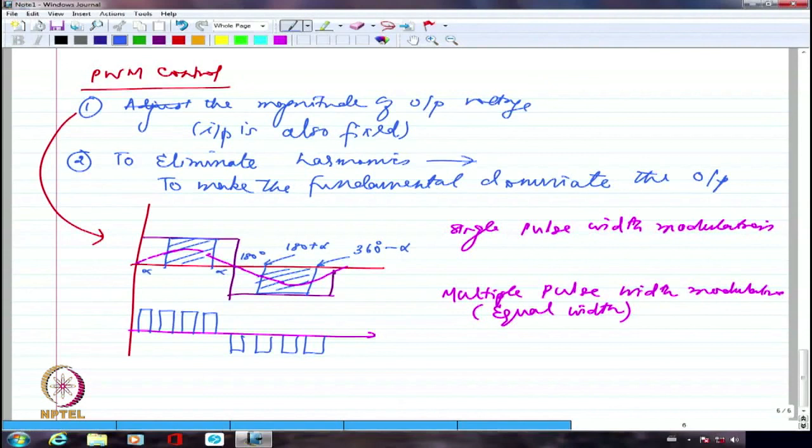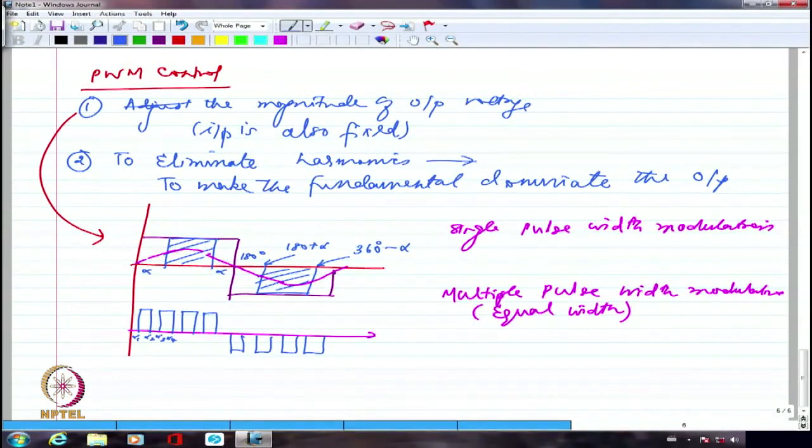I may turn it on and turn it off several times. So I have maybe multiple number of angles that I can adjust so that I will be able to adjust the magnitude of the output. So I may call this as alpha 1, alpha 2, alpha 3, alpha 4. Then I can say this is 180 minus alpha 4, 180 minus alpha 3, 180 minus alpha 2, 180 minus alpha 1.